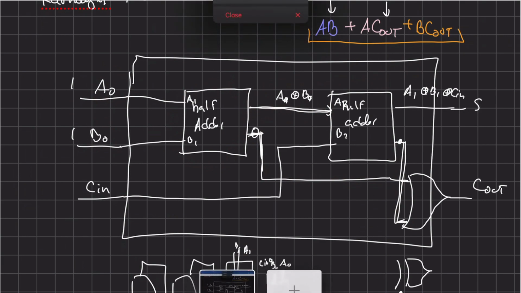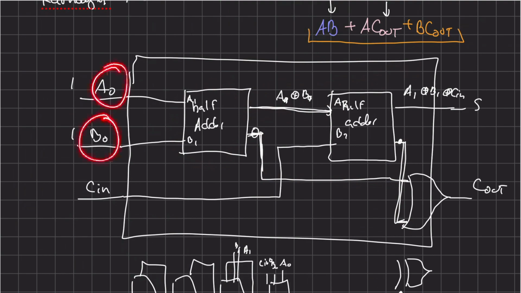The first adder will be connected to A0, B0, so my inputs, but will also be connected on A XOR B and SC1. Okay, let's do this.